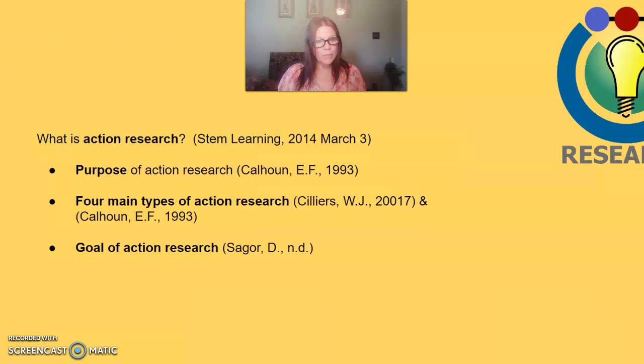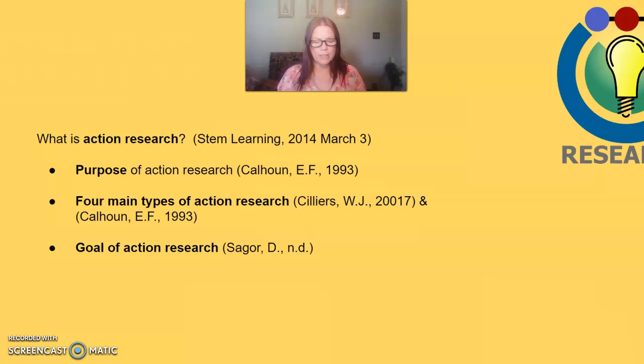Purpose of action research, according to Calhoun: a problem-solving cycle for organizations that is practitioner-centered. The four main types of action research, well, throughout my readings, I found several different types, so it kind of varied on the article. I went ahead and went with Cilliers and Calhoun.